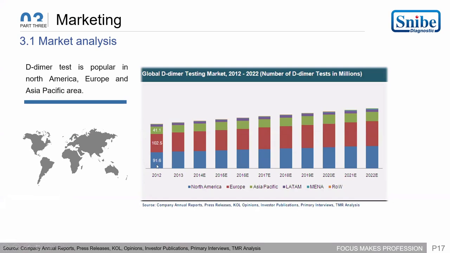In 2012, the North American region was 91.6 million tests, and in the Asia Pacific region it was 41.1 million. So the overall market for D-dimer testing is increasing drastically in Europe, and especially in the American markets, and the US market is increasing drastically.